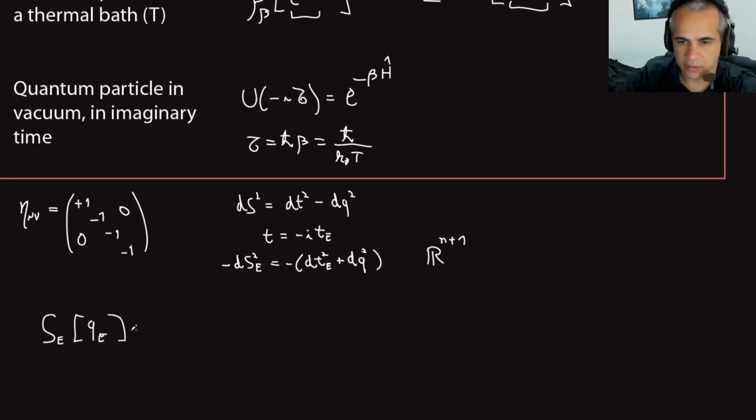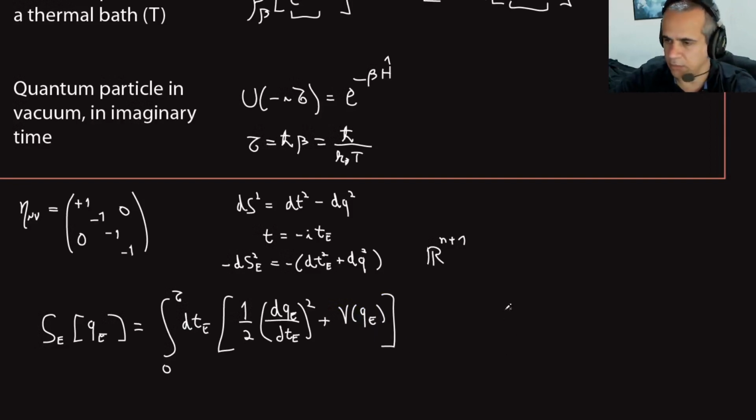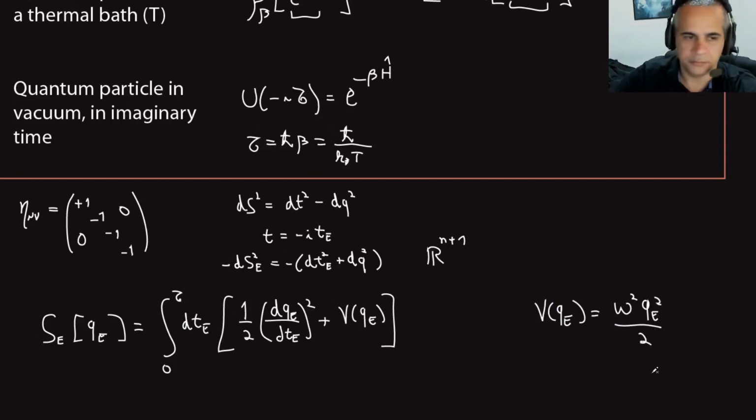It was just the integral in Euclidean time of the kinetic energy plus potential energy, and let's now specialize this to our favorite system, which is the harmonic oscillator.